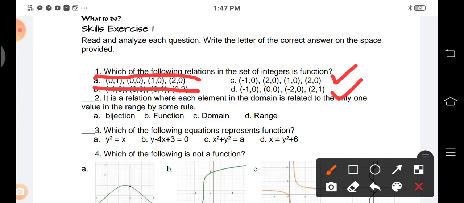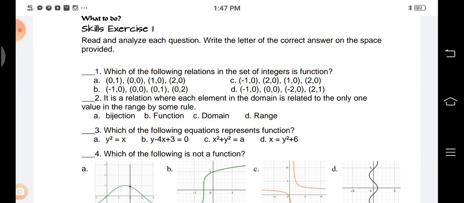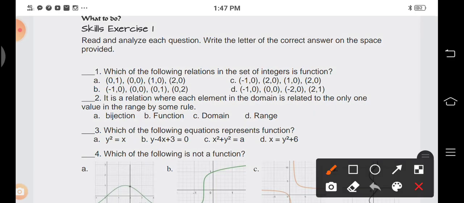Letter C, the domain is repeated. You notice that this is 2 and this is also 2. So it's not a function. So the only function here is letter D: negative 1, 0, negative 2, and 2. So our answer is letter D.